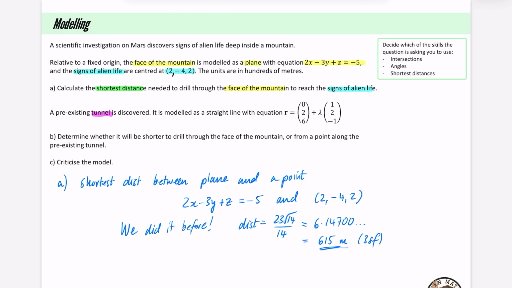Determine whether it will be shorter to drill through the face of the mountain or from a point along the pre-existing tunnel. Obviously, this is to try and reach the signs of alien life. So is the distance going to be quicker from the plane or from the line? So I think what we need to do is find out what is the distance between the point and the line.